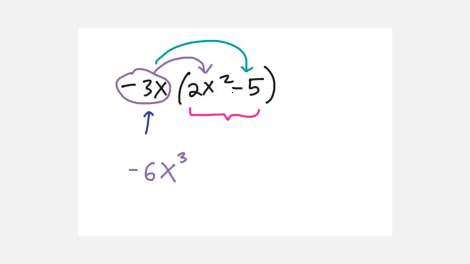You have a negative times a negative, so that results in a positive. And negative 3 times negative 5 gives you 15. 15 what? 15x. Okay, so now we have negative 6x cubed plus 15x. And that's after you multiply this negative 3x with this binomial.